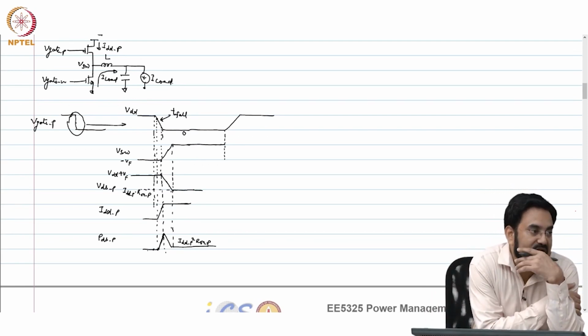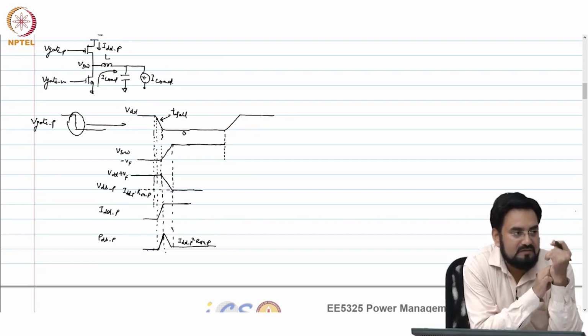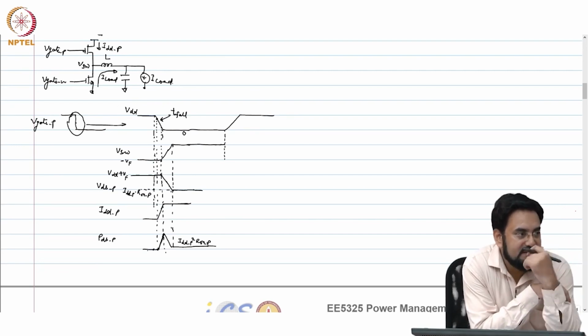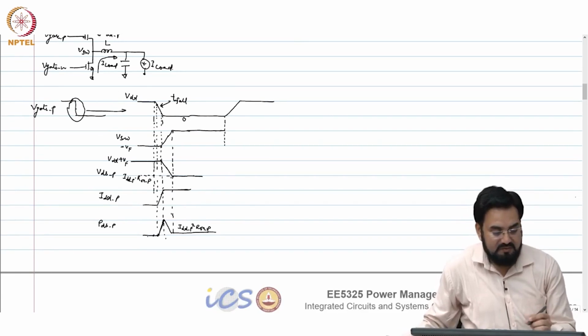When you are turning off, your VSW will start decreasing, correct? But what will happen to the current?